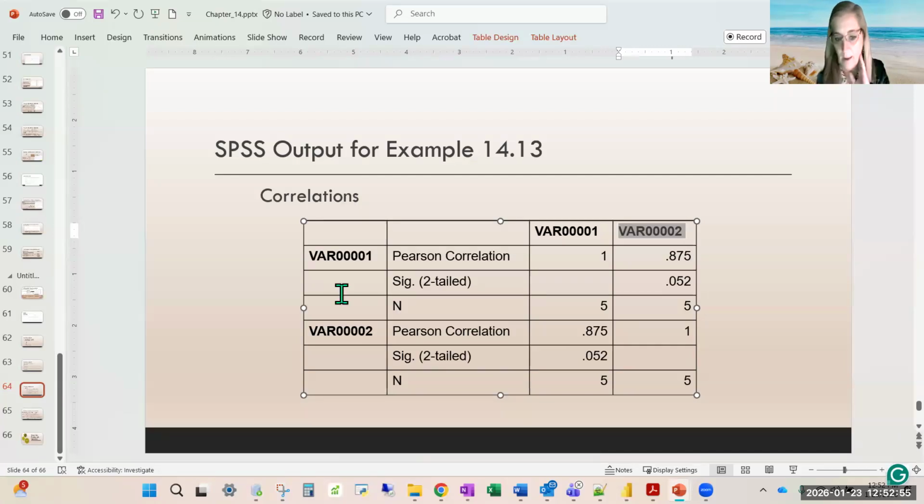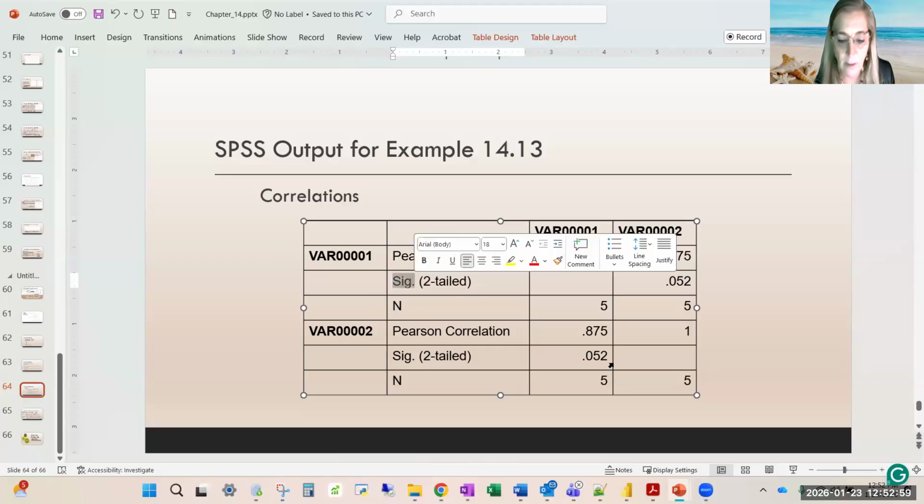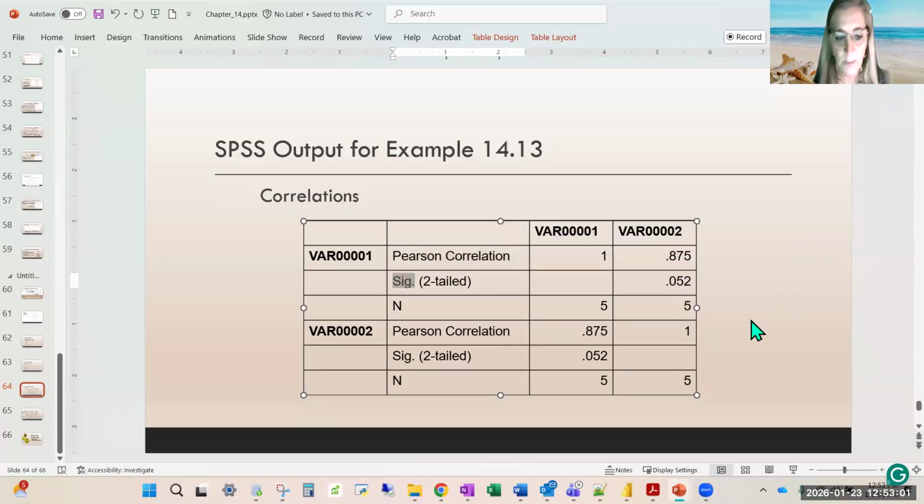a 1. And to know if that is significant, I would have to look at the significance test, which you will see when you do SPSS. And if you have a significant relationship, you'll see SIG right there. That means it's giving you the p-value. In this case, it's 0.052. And it's telling you how many people were in this data set, and there were 5.